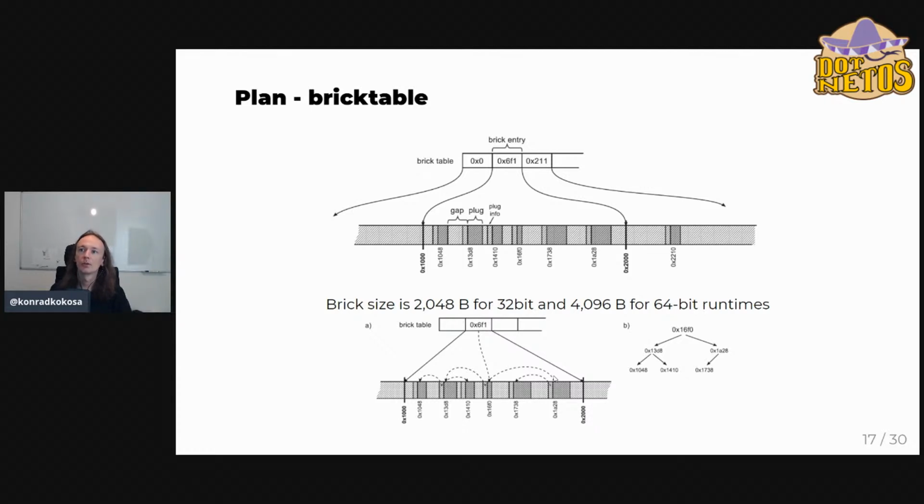This one is pointing only to the left because it has no right child. In the end we have such a plug tree for this particular brick, which is nice because now we have only 6 entries in our plug tree, and we can traverse this plug tree super fast by only 2 jumps in directions to find a given plug from the brick table.